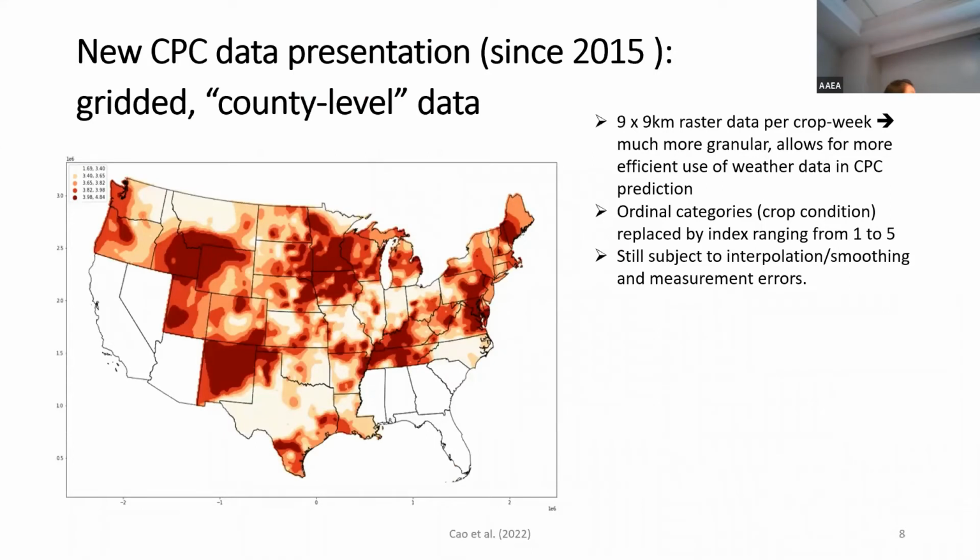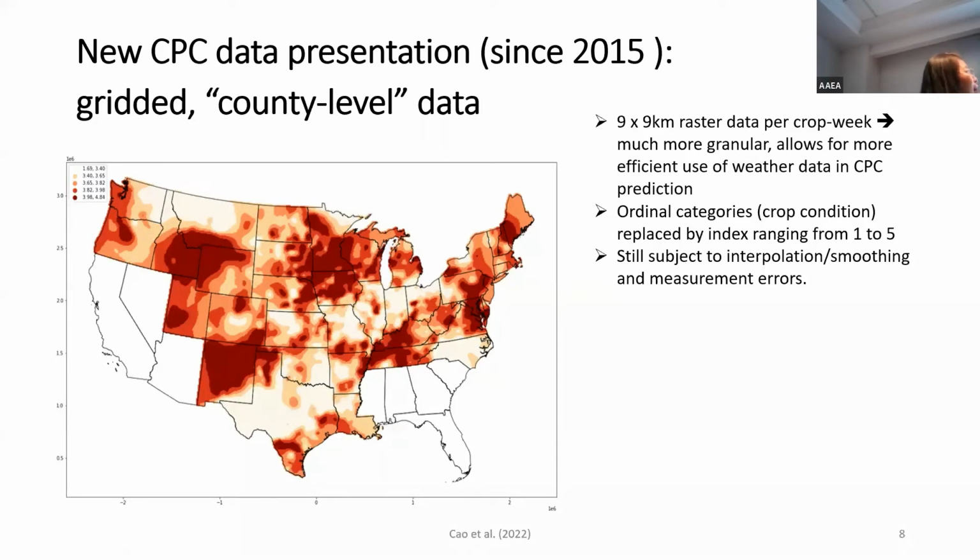The opportunity came starting, I think, last year, 2021, when they released the new CPCR data presentation for the years starting from 2015, and now you have a much finer grid of county-level data, so to say. They released 9 kilometer raster data per crop week.